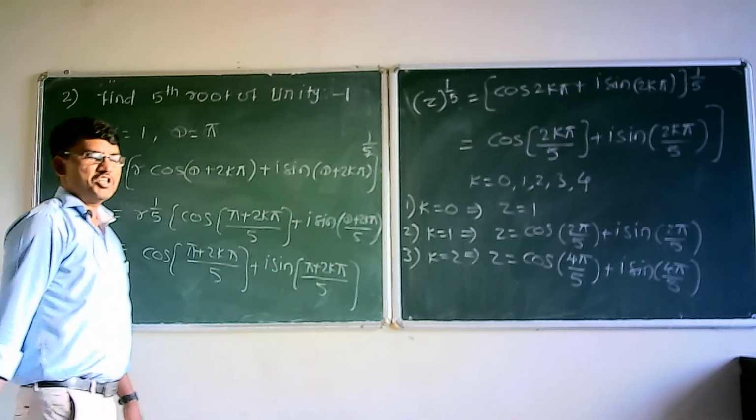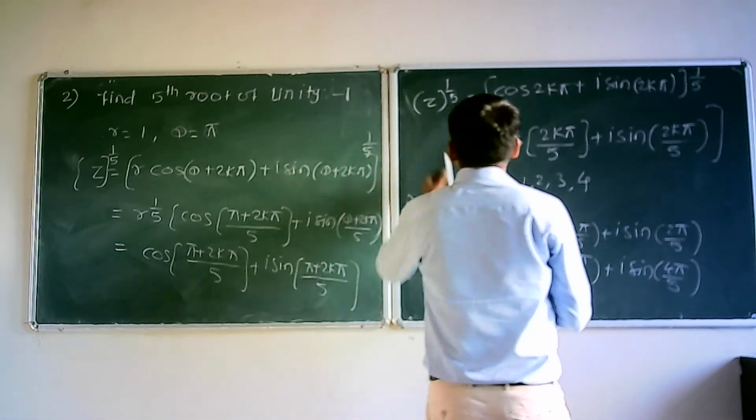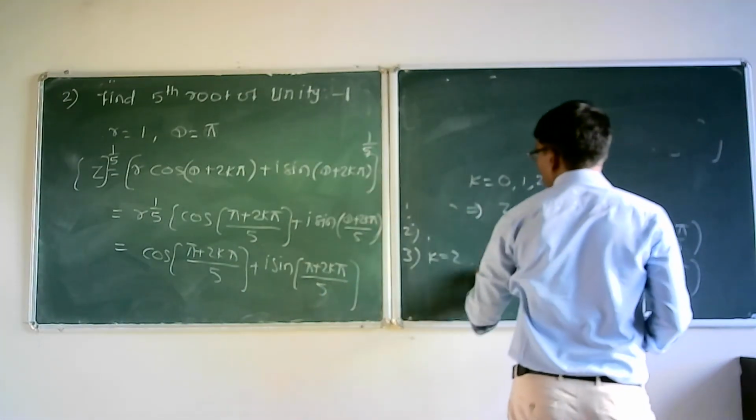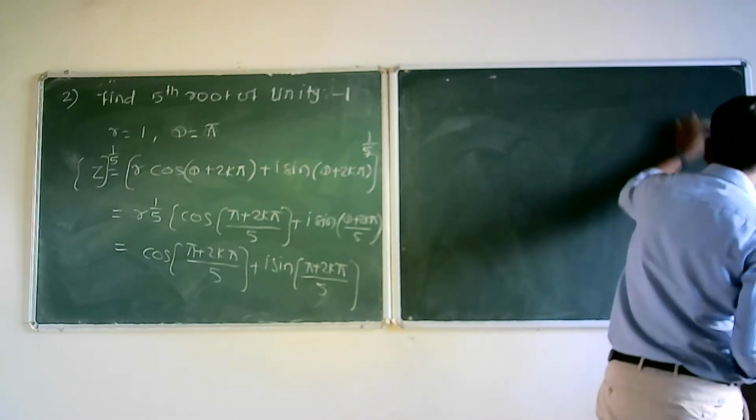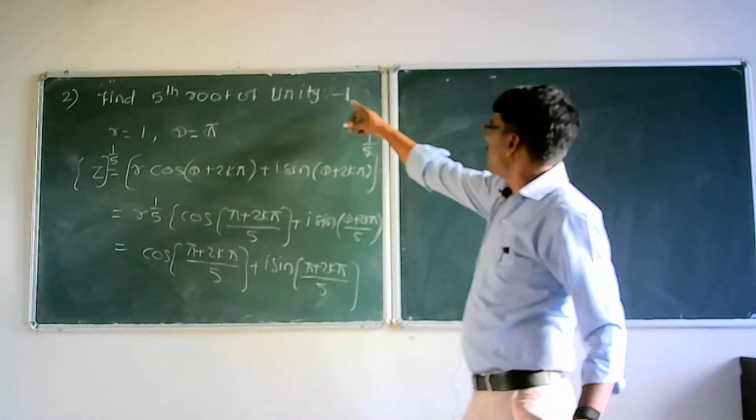Now to determine all these roots, just put here k is equal to 0, k is equal to 1, k is equal to 2, k is equal to 3 and k is equal to 4. You will get all the 5 roots of the given complex number minus 1.